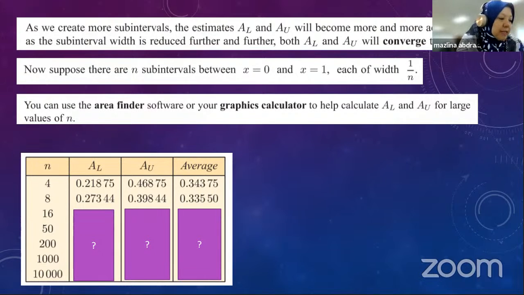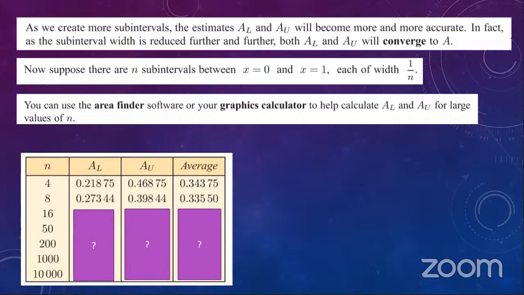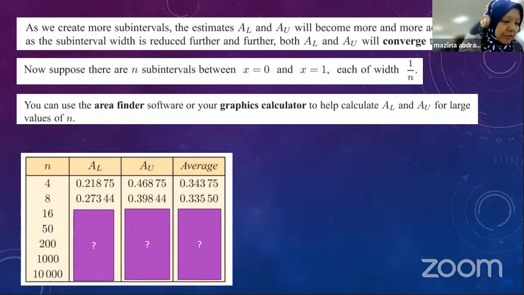Okay, how to do this? Our function just now is x squared. Okay, class, how to do this? Okay, let's use our calculator. Definitely we need to open our calculator page.